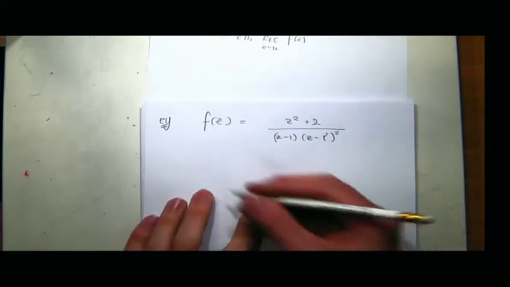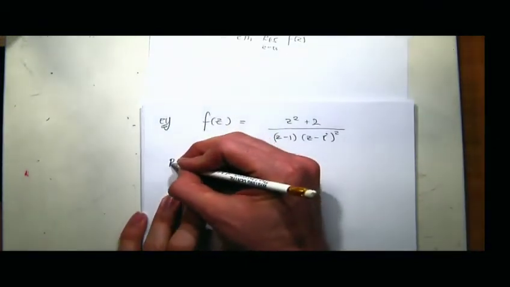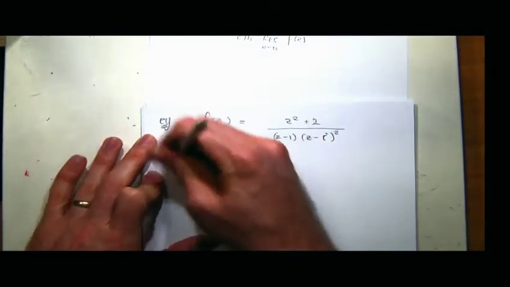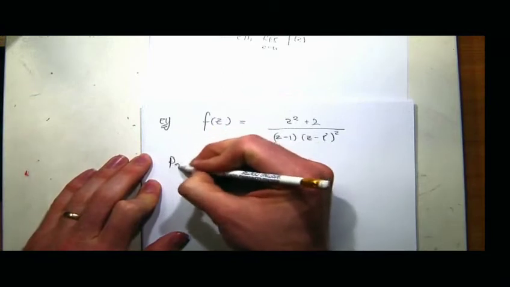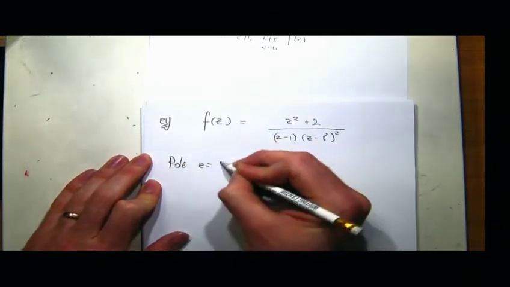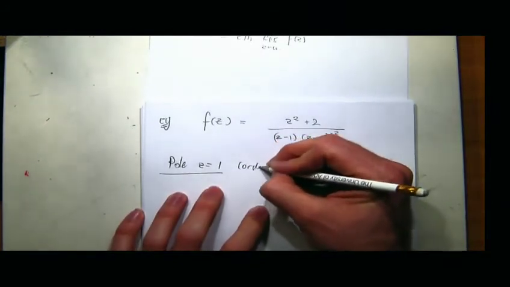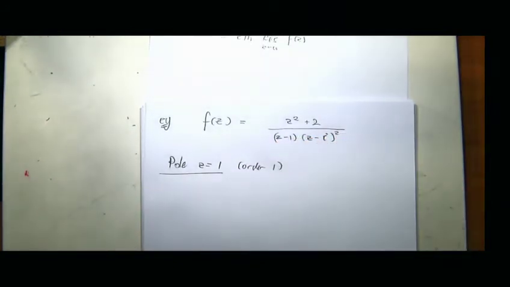So the residue... No, let's write my working differently. The pole at z equals 1, which is an order 1. So for this order 1 pole, I remove the bit that involves a z minus 1.